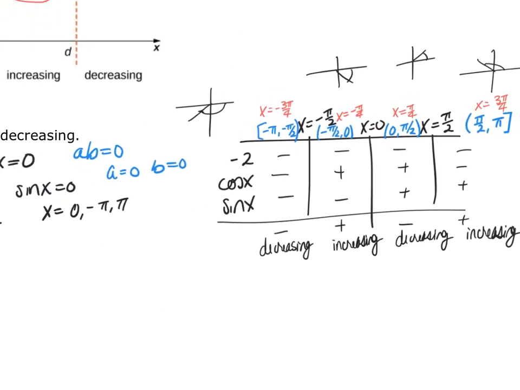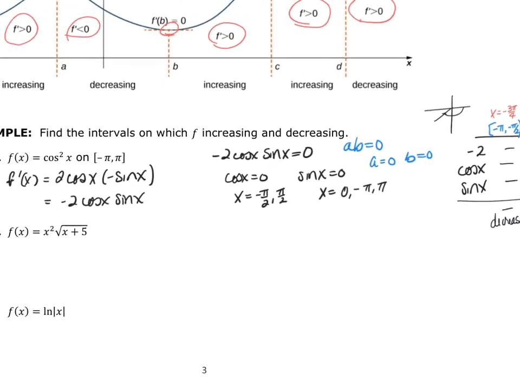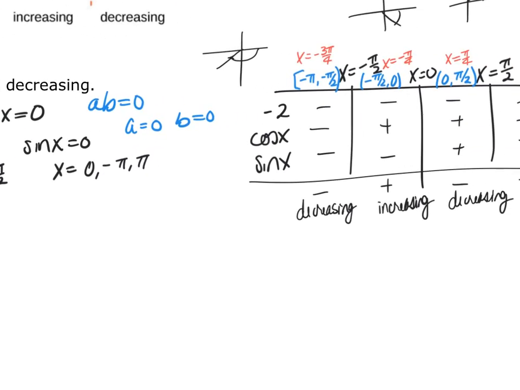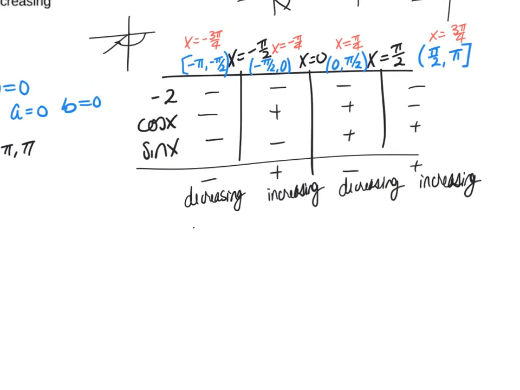So now we're going to go back to what did they ask us for? They asked us for the intervals of increasing and decreasing. So my intervals of increasing are from negative pi halves to 0, and then again from pi over 2, comma pi.